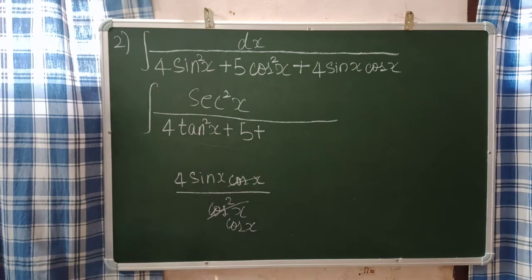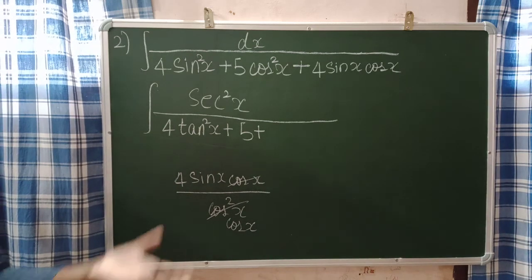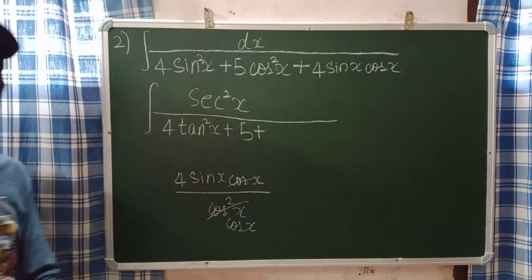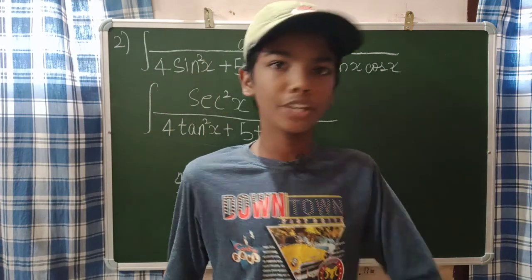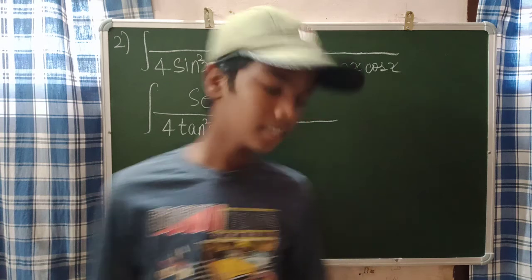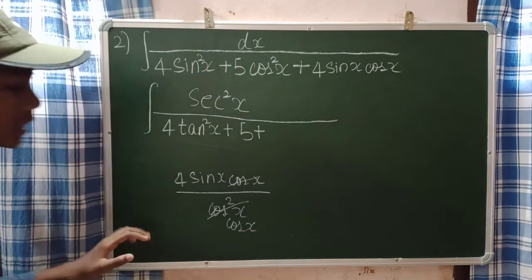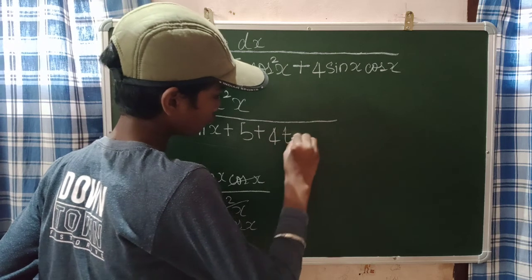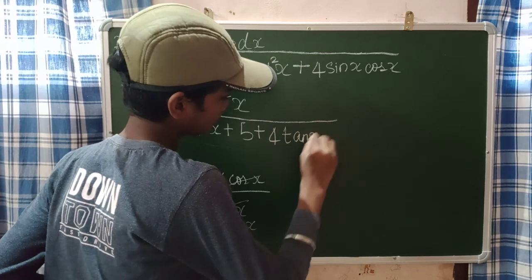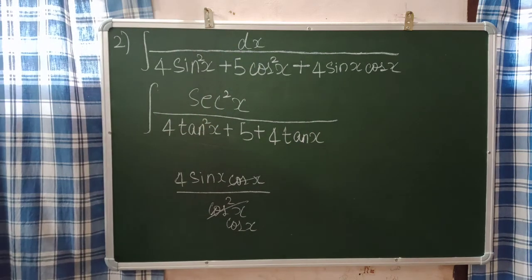So 4 sin x divided by cos x is nothing but 4 tan x, again the same trigonometric formula, because sin theta divided by cos theta is equal to tan theta, the basic ratio which you learned in your 9th, 10th, 11th standard. So this is what we got: 4 tan x.